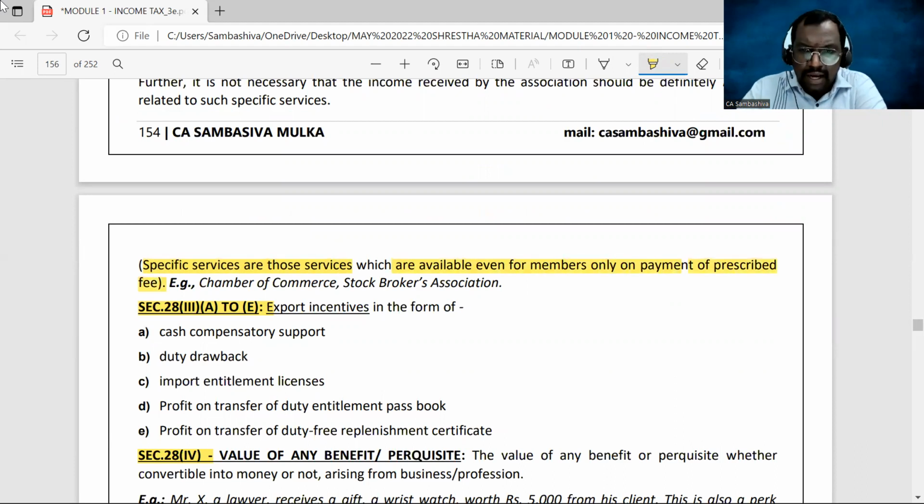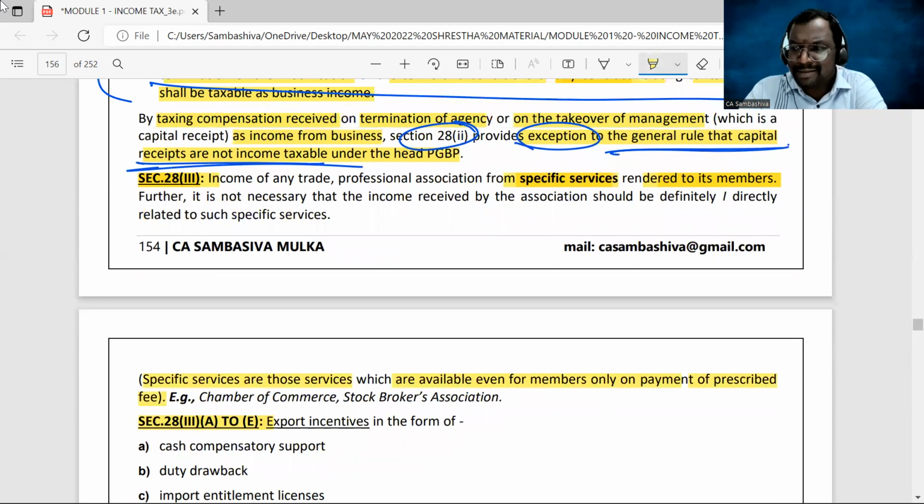Let us take the example of the world's richest professional organization, ICAI, the Institute of Chartered Accountants of India. It is conducting some seminars. Are you following or not?